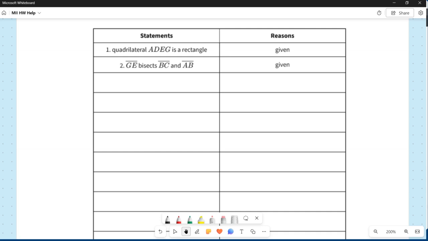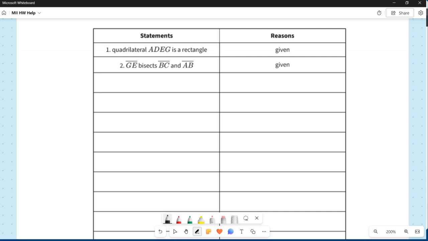So, the first statement is that quadrilateral ADEG is a rectangle. That is a true statement, and the reason that we are able to say that is that we were given that information. Okay. Statement number 2. GE bisects BC and AB. They wrote it this time, which is nice. And the reason that we were able to say that is that that is given.